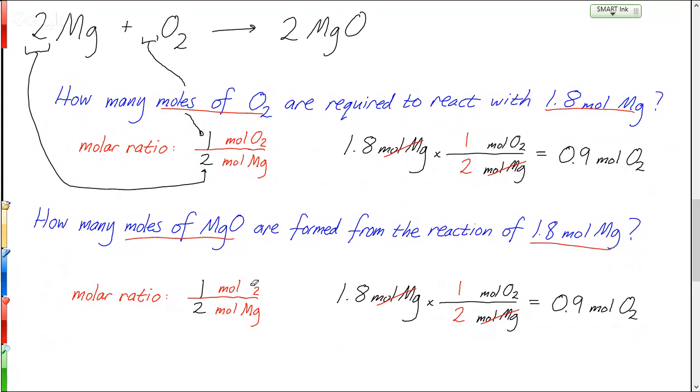So instead of looking at the ratio between oxygen and magnesium, we want to know the ratio between MgO and magnesium. And the equation gives us that that is 2 to 2, because there's a 2 in front of the MgO, and there's a 2 in front of the magnesium. So then here, that's again what changes. And then our product is what we're being asked for, MgO.